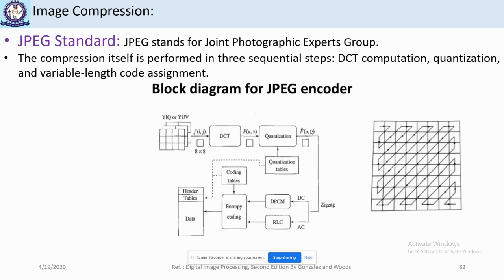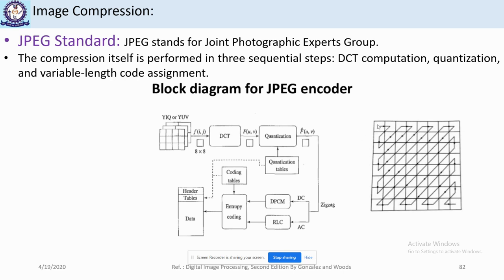This output is then zigzag coded. Zigzag coded means this 8 cross 8 2D array will be converted into a 1D array. How do we do the zigzag coding? Suppose this is our 8 cross 8 2D array. We will convert it into a 1D array. We will not write the 1D array like this: first these 8 elements, then these 8 elements, then these 8 elements.